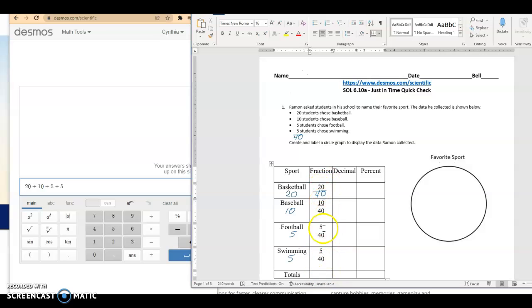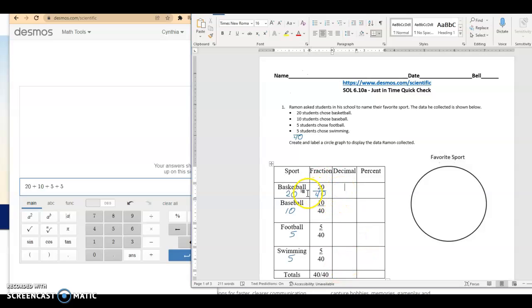When I'm adding fractions, my denominator is the same, so my denominator is 40, and I'm going to add the numerators, which is 20 plus 10 plus 5 plus 5, and we know that that is 40. So that's going to be 40 over 40.